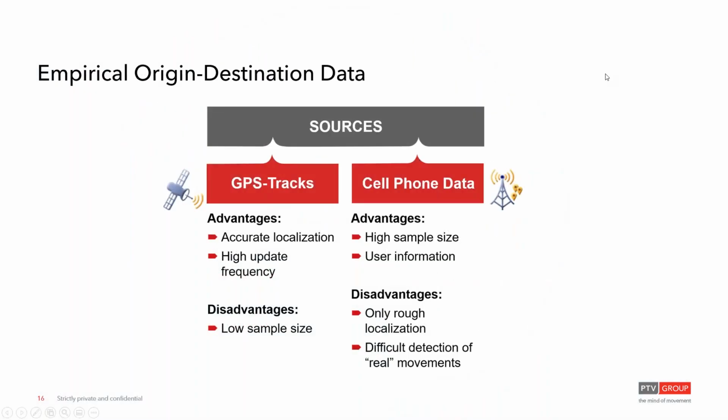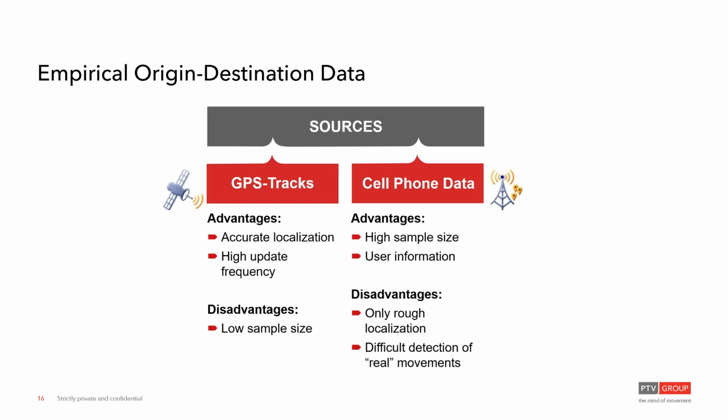We are often asked if we can also provide our customers with empirical origin destination data. And here we always want to highlight the two big different sources for empirical data, and highlight the advantages and disadvantages.